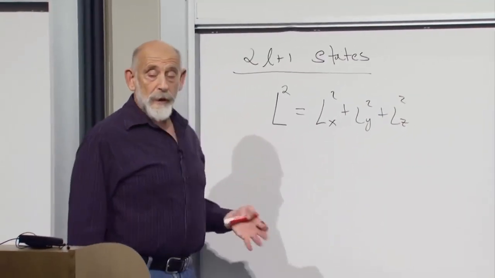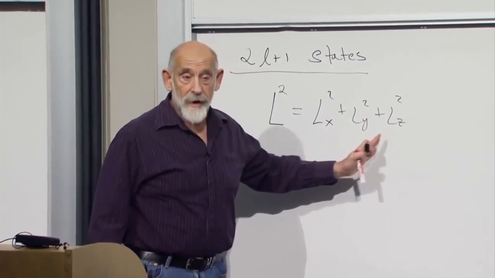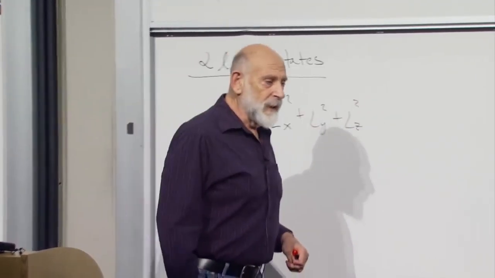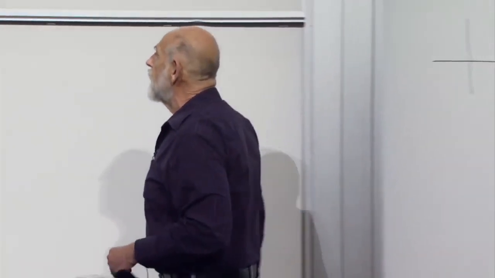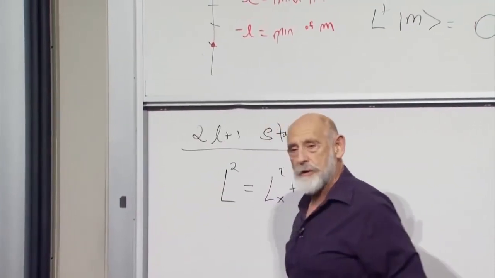The only difference between classical physics and quantum physics is these are now operators. They're not just numbers in the usual sense. They're quantum mechanical operators. And let's see what we can find out about L squared. In particular, L squared for a multiplet of 2L plus 1 states.